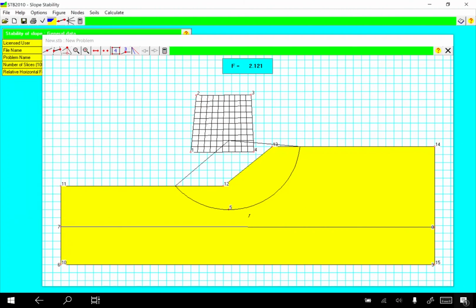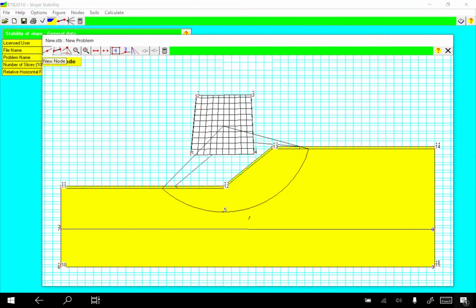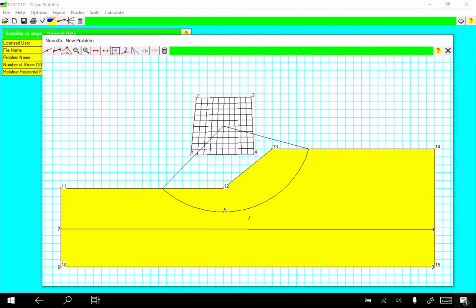And if you want to add more points, we can click this button here, this new node. Check it first, then click any point. You can see that I just added a point 16 here. I can add another point next to it, and then we can drag the points to make more complicated geometries for the slope.